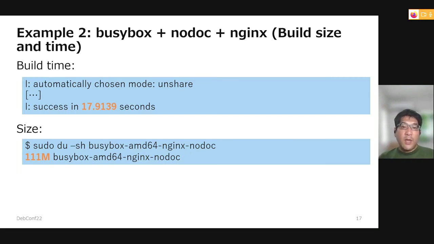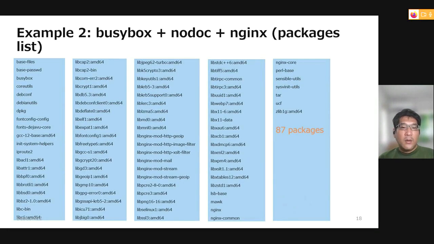It took about 80 seconds to create this image, and the image size is about 111 megabytes. When we made it with a minbase variant, it was about 146 megabytes. So we are able to create it 35 megabytes smaller.